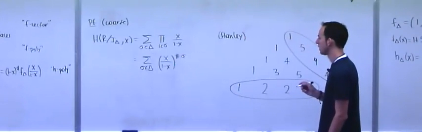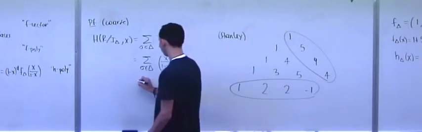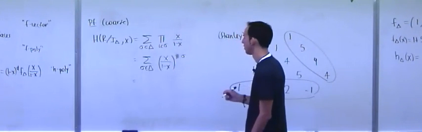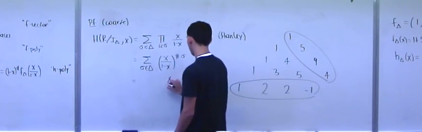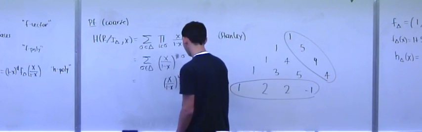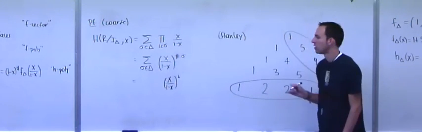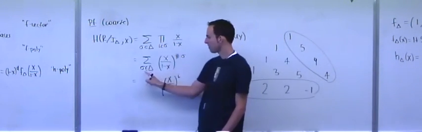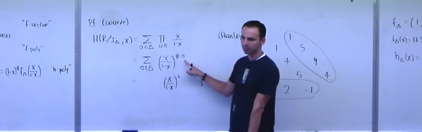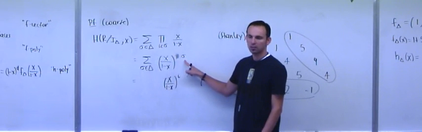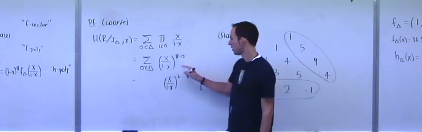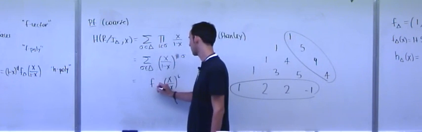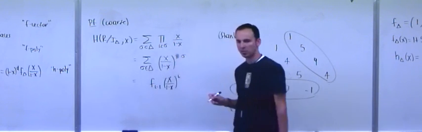Right? But then we're going to say the following. We're going to say, okay, how many times does x over 1 minus x to the i appear? Well, it's going to appear once for every face that has i elements. And how many are there? Well, if you have i elements, that means that you're of dimension i minus 1. And so that means that this term appears exactly f i minus 1 times.